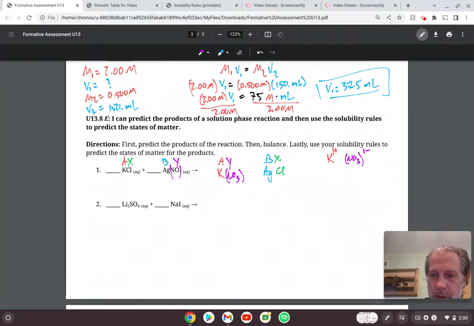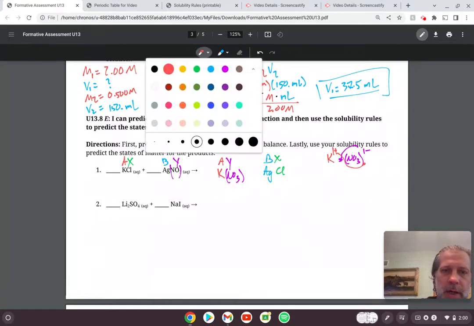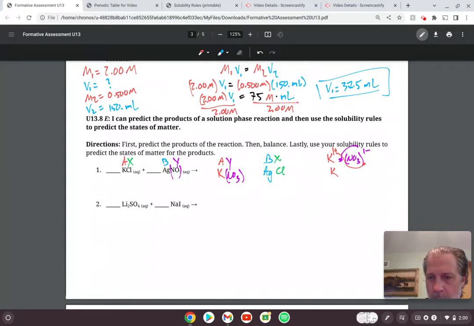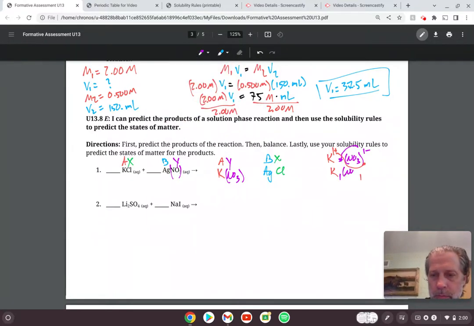I'm going to crisscross those charges down, like so. And I'm going to get K1NO31. So I don't really need any subscripts in my original problem.